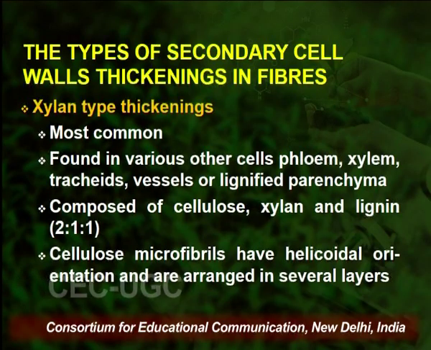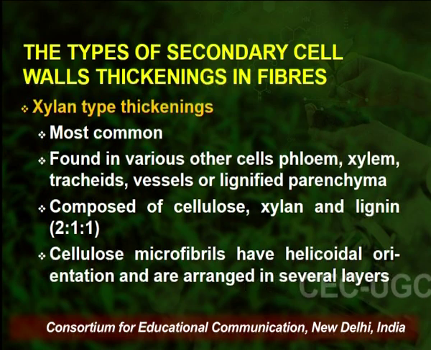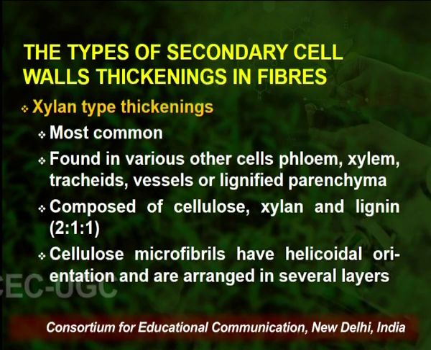Now, talking about the cellulose microfibrils, these fibrils have a helicoidal orientation and they are arranged in several layers in the thickenings that are present on the fibers, thereby giving predominant support to the overall structure.